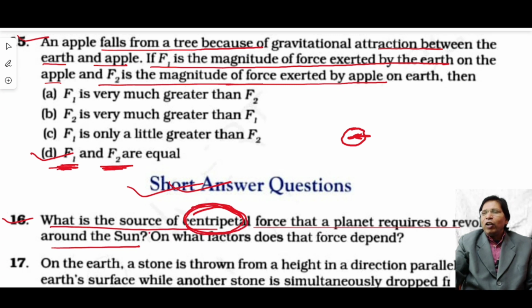Okay, on what factors does the force depend? This force depends on the mass of the sun, the mass of the planet, and the distance of the planet from the sun.